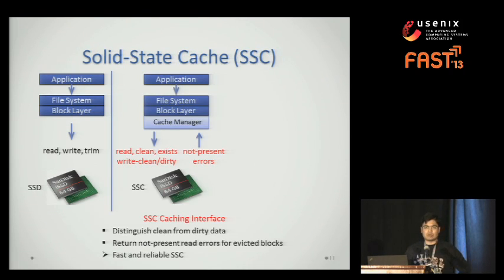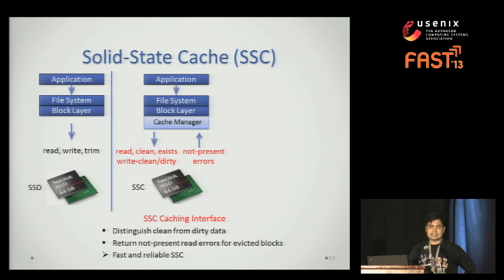In FlashTier, we proposed: if we are using SSDs for the purpose of caching between DRAM and disk, why don't we have an interface which is purpose-built for caching? And with caches, you have clean as well as dirty data. So we introduced new commands which can clearly distinguish between clean and dirty data and convey this information from the operating system to the device.